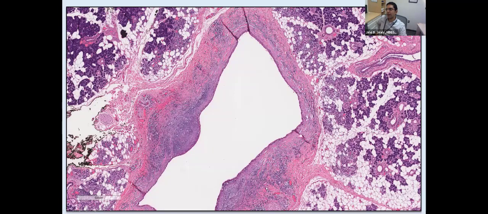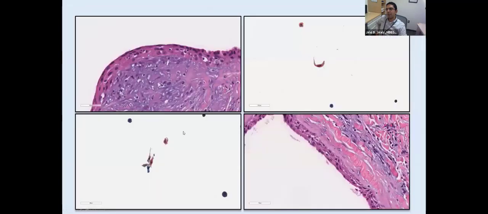The wall is quite inflamed and quite thickened, which explains the radiology of this lesion. And the lining epithelium certainly explains some of the atypia that we saw on cytology. But overall, it's not completely out of place with this background inflammation in the wall and not dysplastic. So it's more of a reactive atypia.